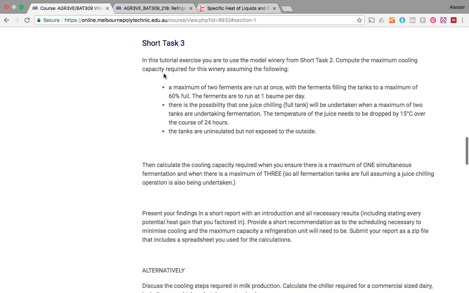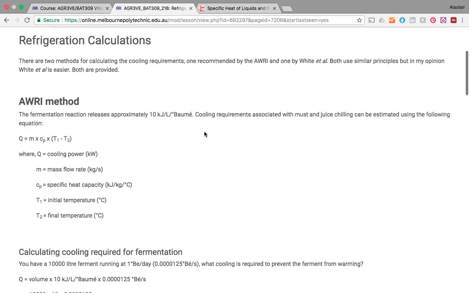Okay, so let's have a look here in the notes, and we go to refrigeration calculations, and what this gives us is 2 methods for calculating this. It gives us the AGR3VE method, and also gives us the method from White et al. Now the AGR3VE method could actually be used for any substance really, because it's based on core physics.